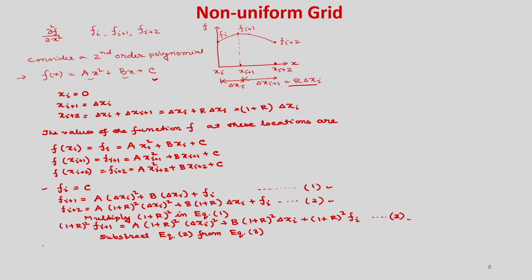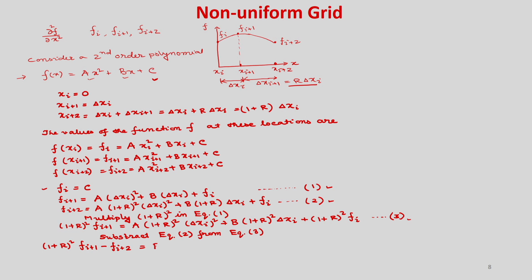What will you get? You are going to get (1 plus r) whole square fi plus 1 minus fi plus 2 on the left hand side. And in the right hand side you see that the first terms will get cancelled, because both are the same. So, you will get the second term. What is the second term?